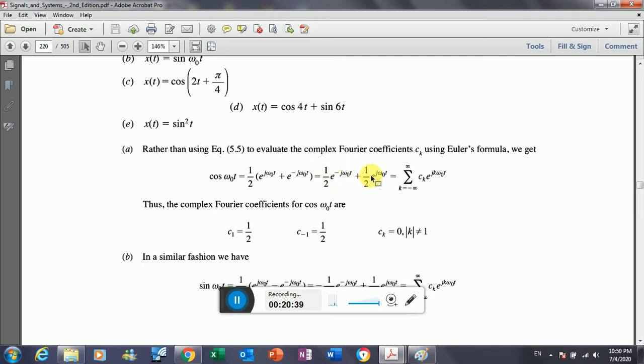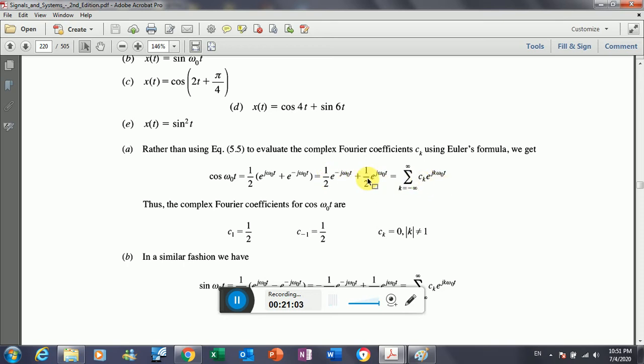And there are two harmonics that are being added in this equation. There are two harmonics. And similarly, this is the complex exponential periodic signal. And what is the amplitude? Amplitude is 1 by 2.